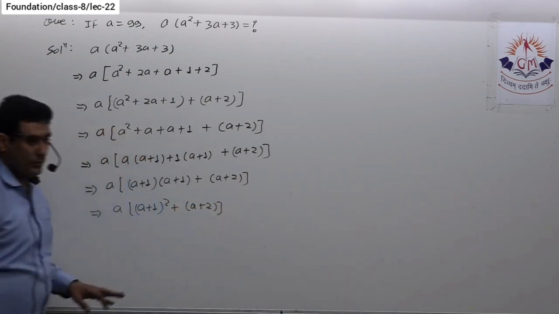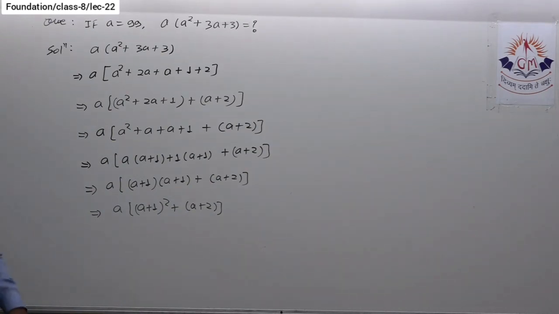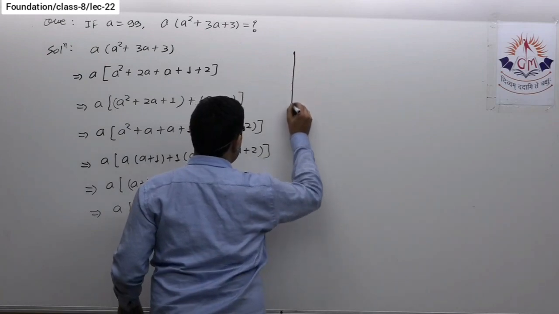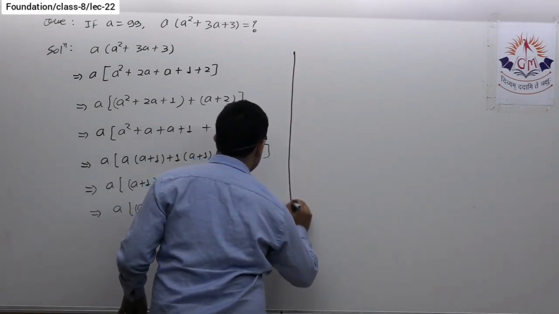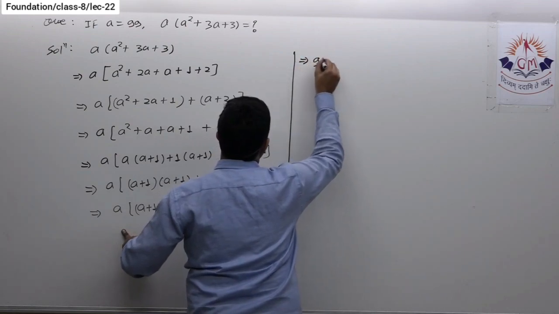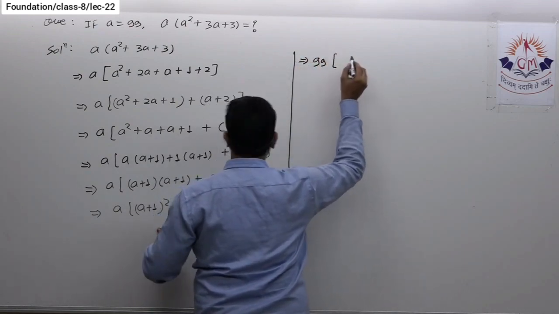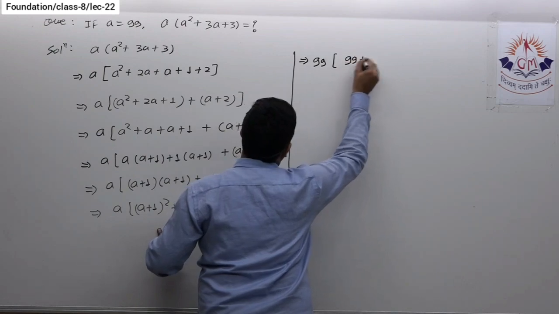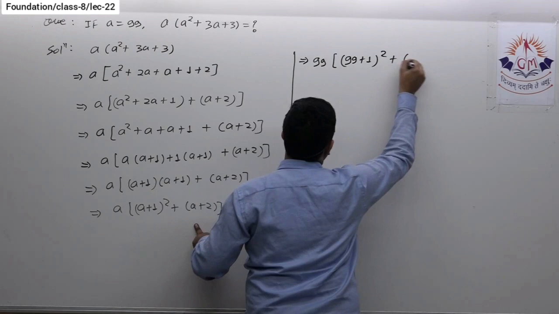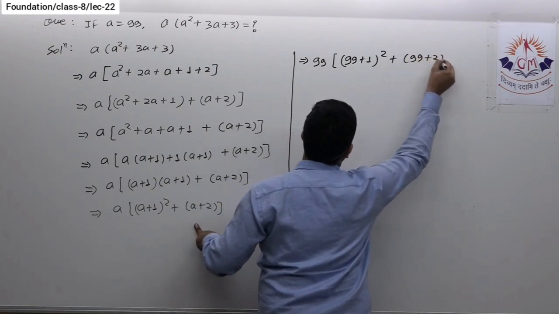Now this is almost done. Now I will simply put the value of A to get the final answer. Here A is 99. Then A plus 1 is 99 plus 1, whole square, and A plus 2 is 99 plus 2.